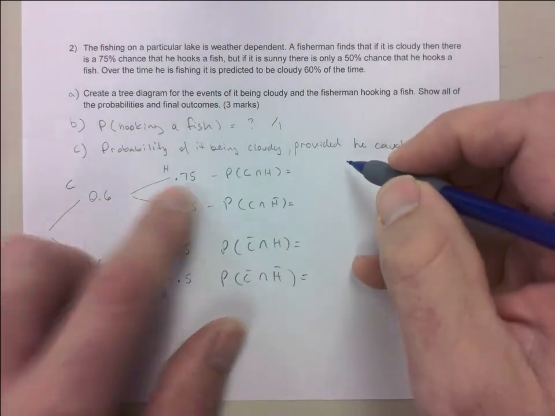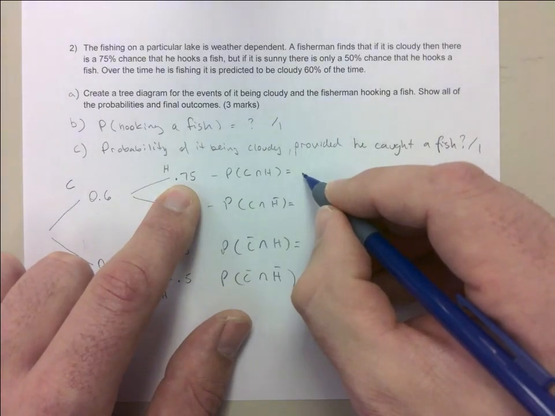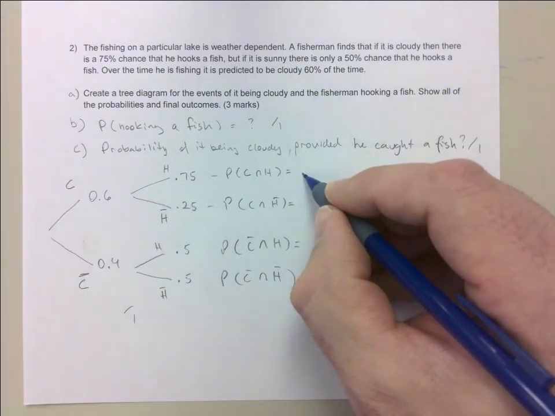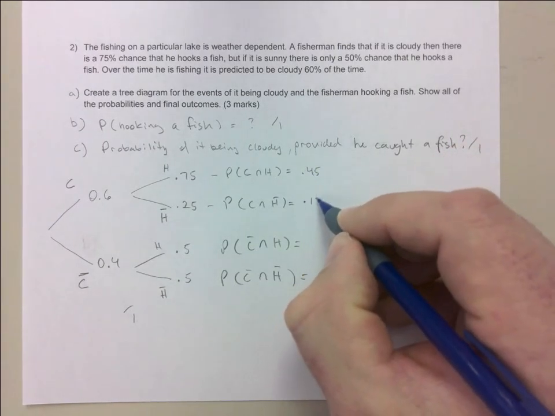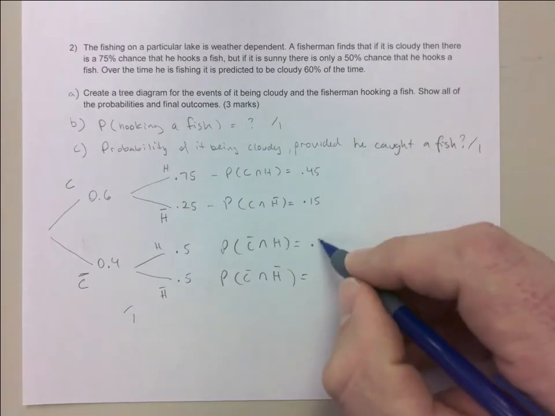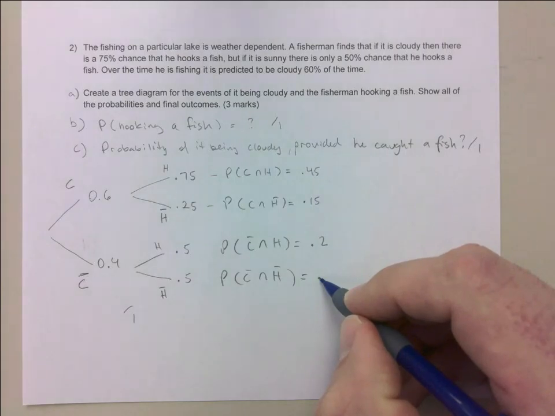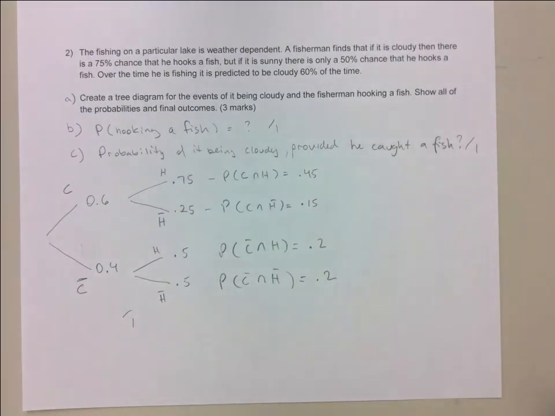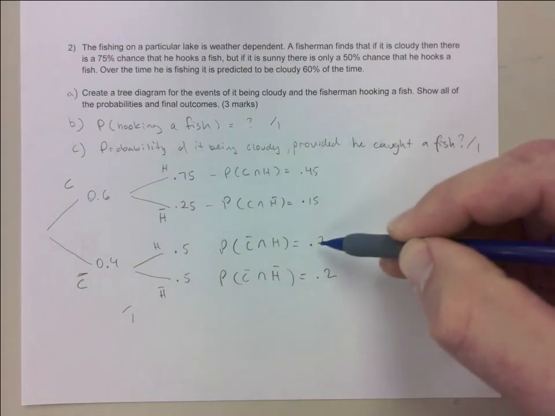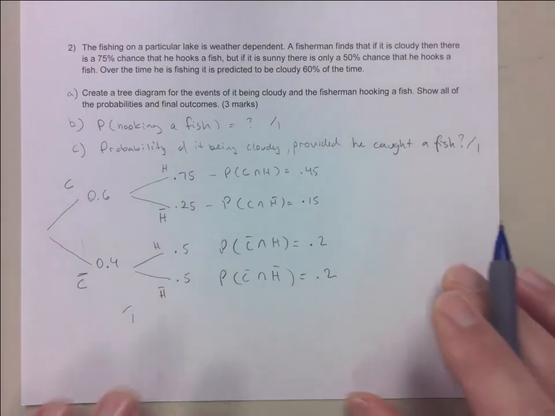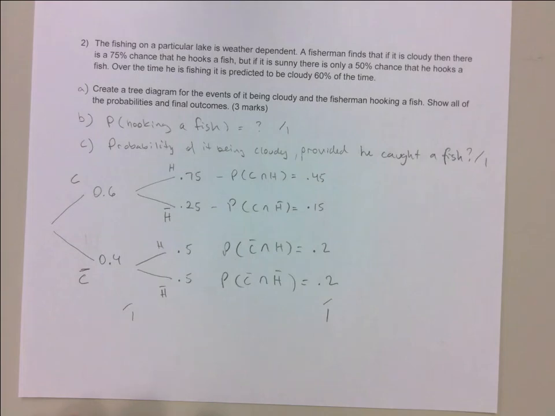So let's see, when you multiply these two, you get 0.45. Then 0.15, 0.2, and this is 0.2 as well. And I know this is 0.6 and another 0.4. This is going to add up to 1. So I'll give you another mark for having those numbers there.